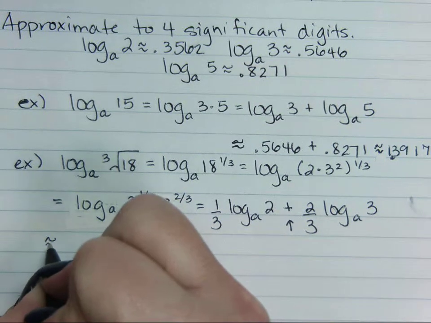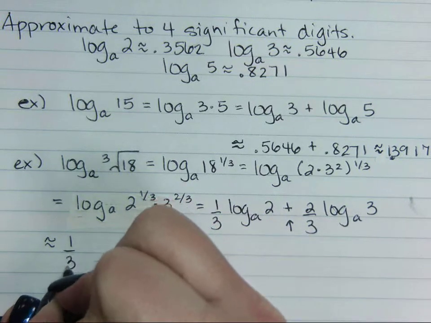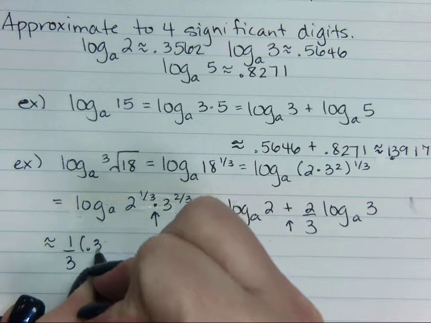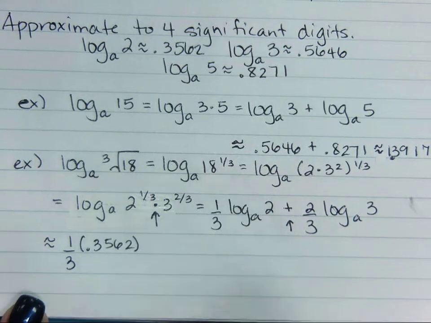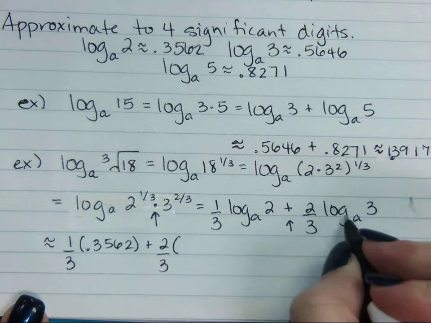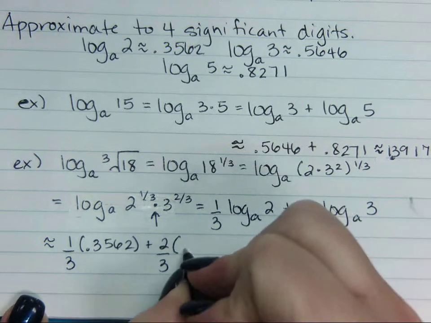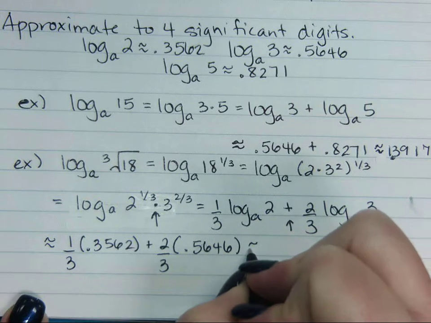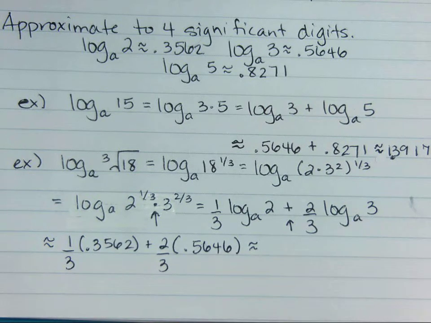And so now I'm going to need to have 1/3 of the value that was 0.3562. And then to that, I'm going to have to add 2/3 of what log base a of 3 is to 4 significant digits. And that is what we're going to need to put in our calculator.